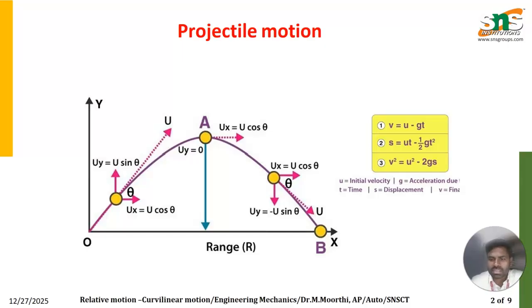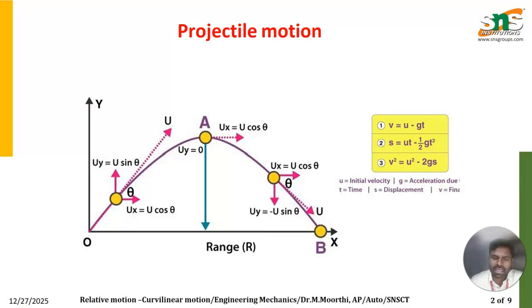Here we have three different equations of motion. V equal to u minus gt. These equations of motion are with respect to gravity, and these three formulas are against gravity. Against gravity means the object is traveling from O to A. So the formula is V equal to U minus GT.